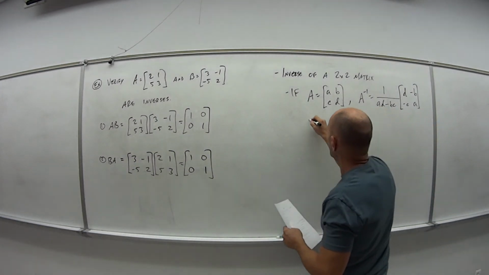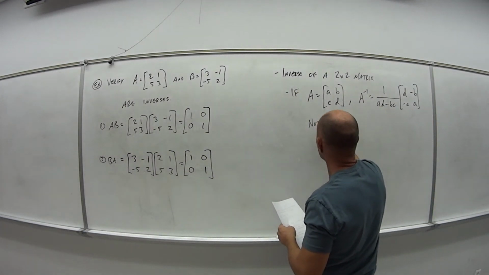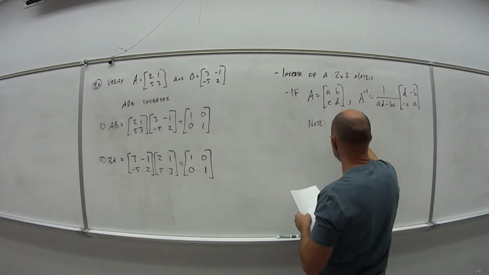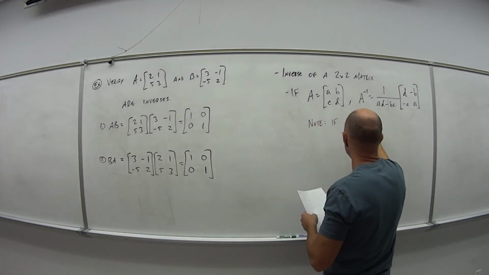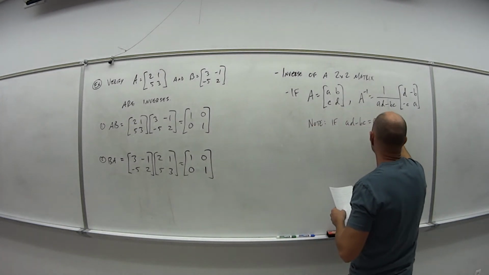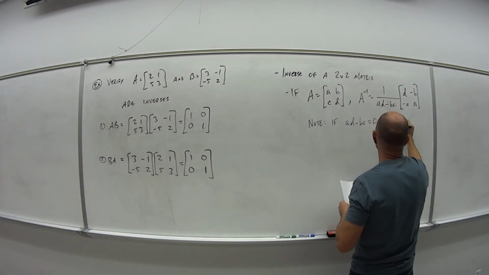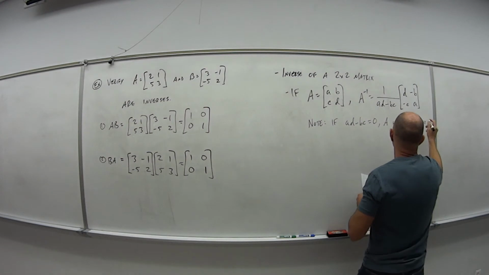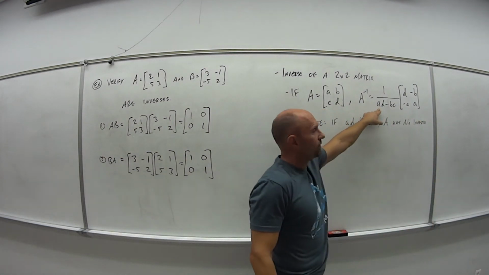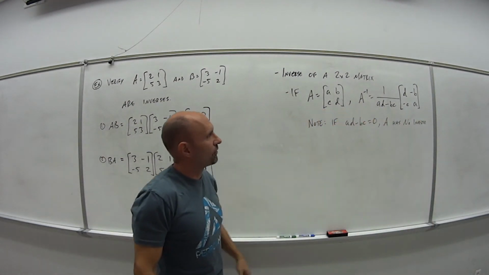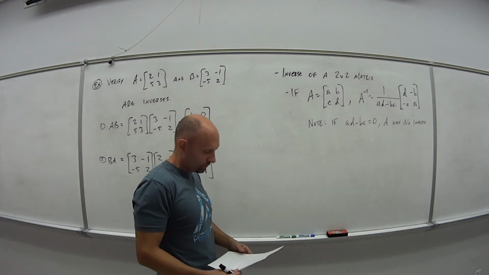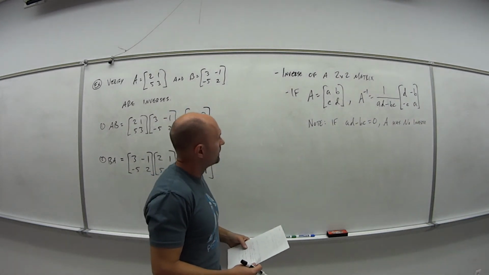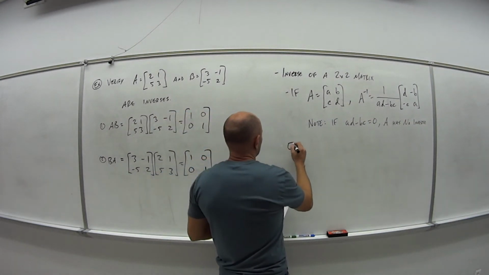Just a note, if ad minus bc is equal to 0, A has no inverse. Because if that equals 0, there's a 0 in the denominator, that thing is undefined, so it has no inverse. So let's look at an example.